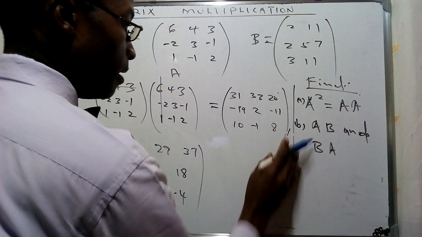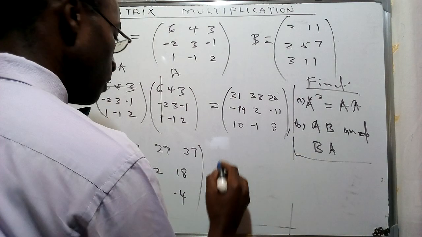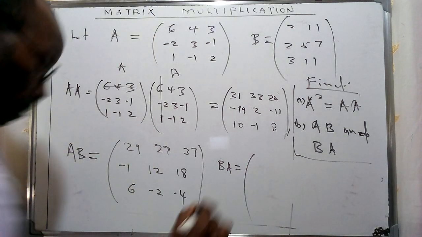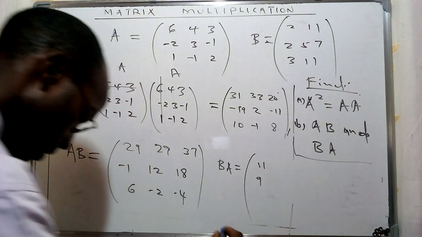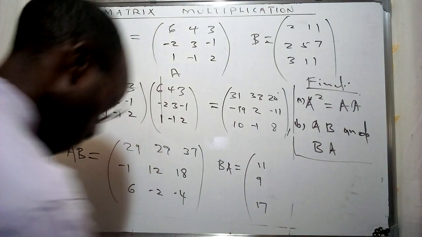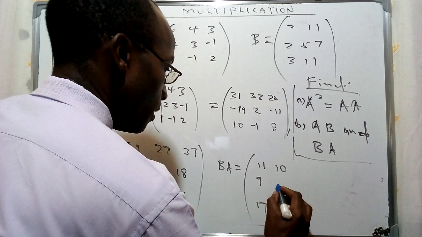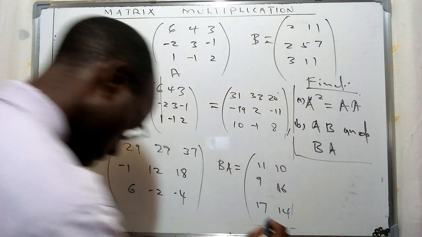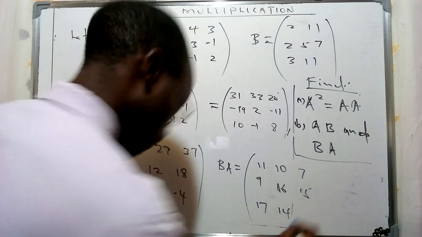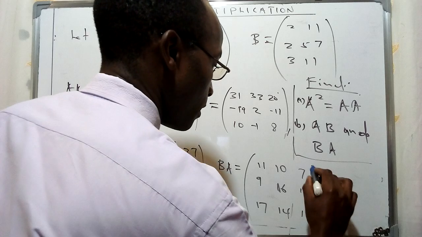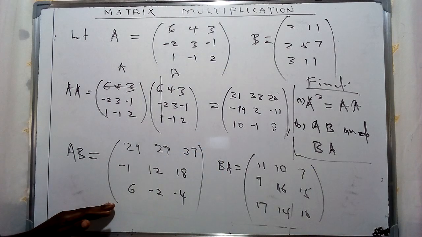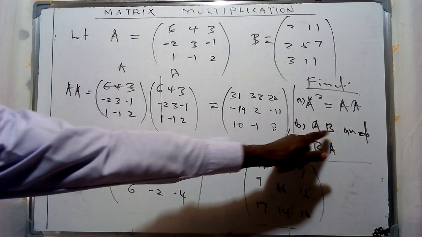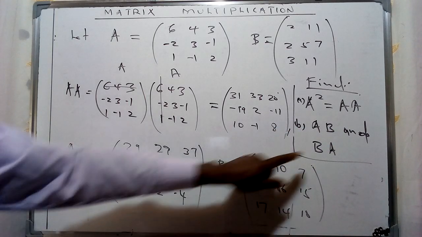And on my side, I'm going to find the product BA equivalent to this range of numbers: 11, 9, 17, and then 10, 16, and 14, 7, 15, and 10. So this is the product for my side of this evaluation for the product of A and B, and B and A.